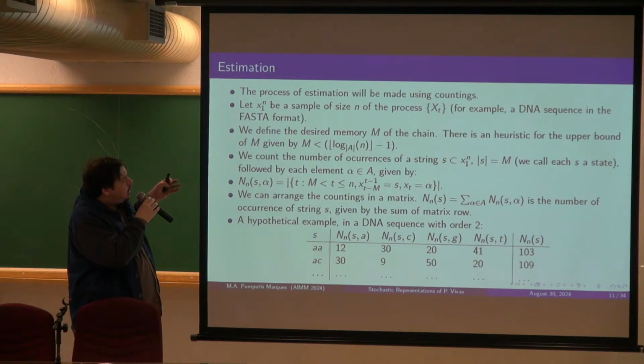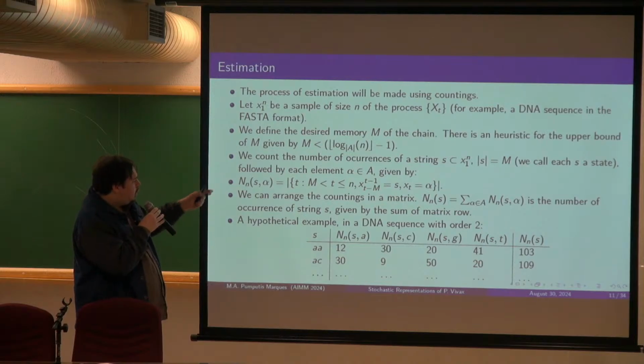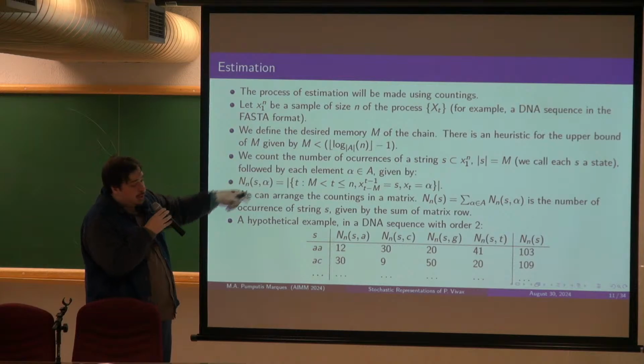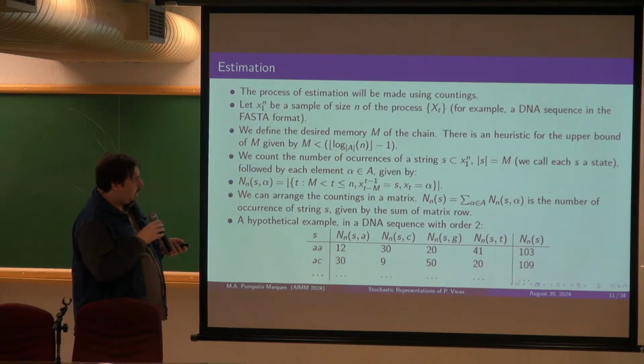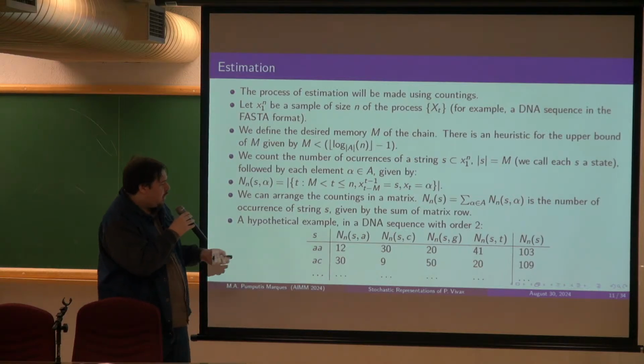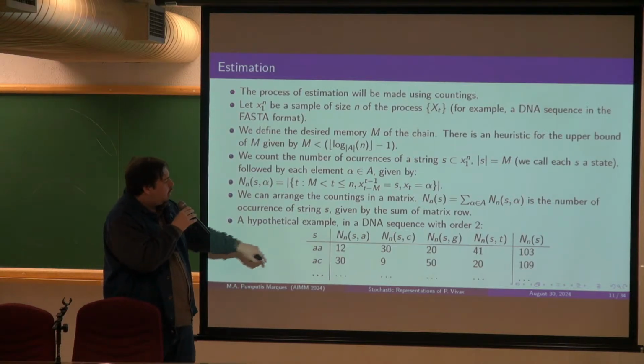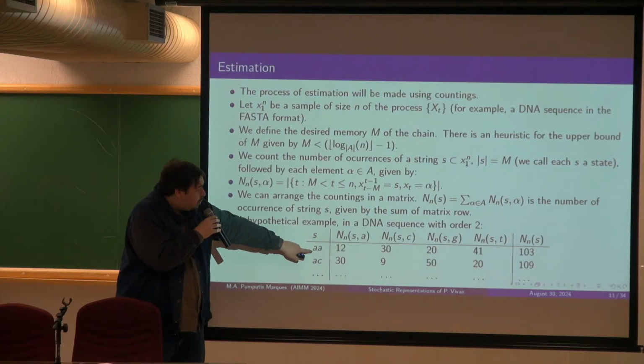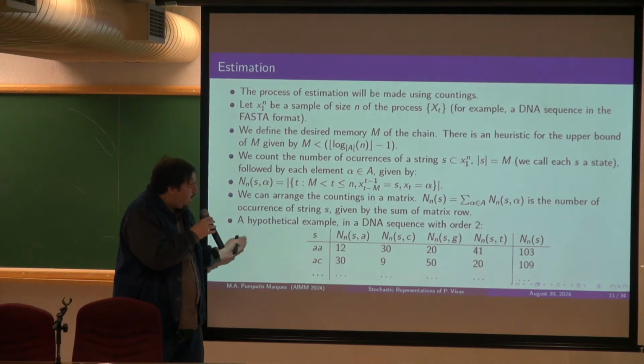So we are going to count the number of occurrences of every string in the state space, right? So this n(s, a) is the number of times a string s occurs, followed by each of the possibilities in the alphabet. So, for example, in the DNA example, we will have a counting for AA followed by A, so AAA.